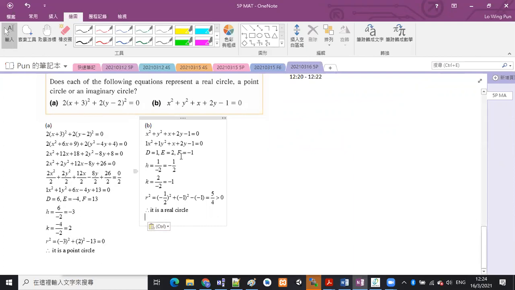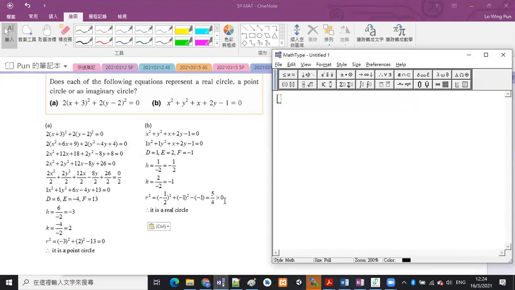Case 2. And then for part B, you do not need to expand any bracket, and it is already written in 1x squared plus 1y squared format. So we can write down the values of D, E, and F, okay? And then calculate the values of H, K, then the R squared, which should be a positive number.